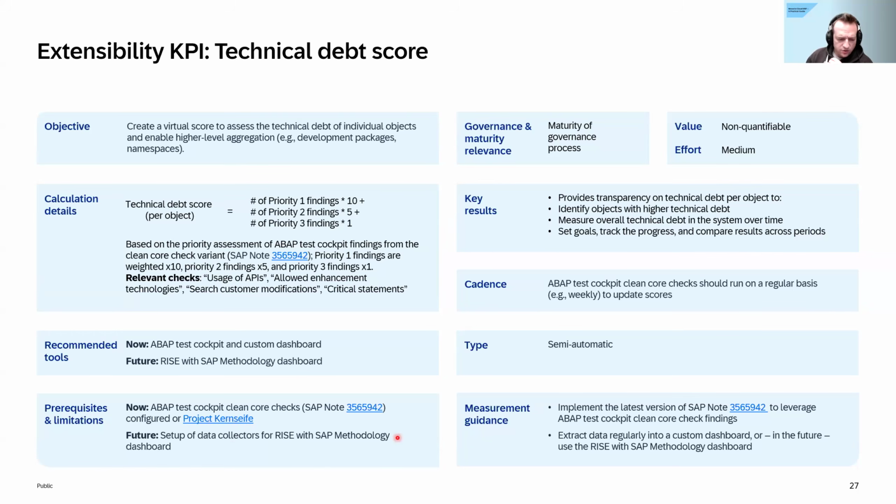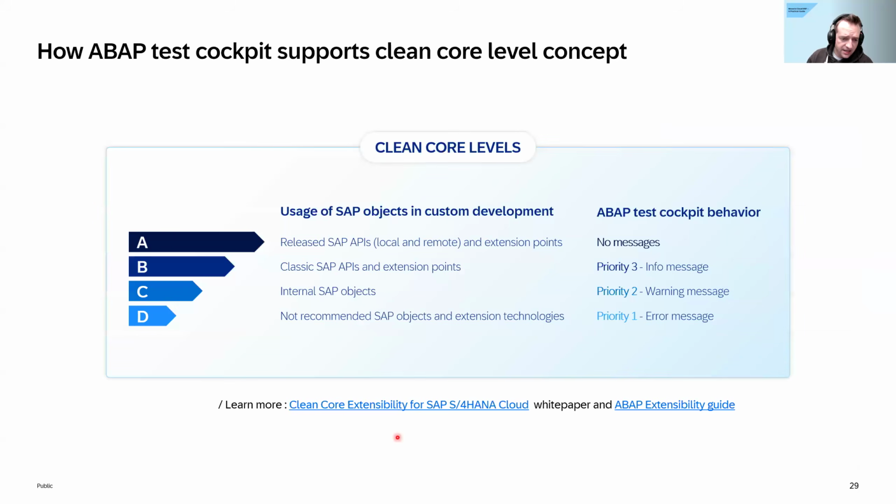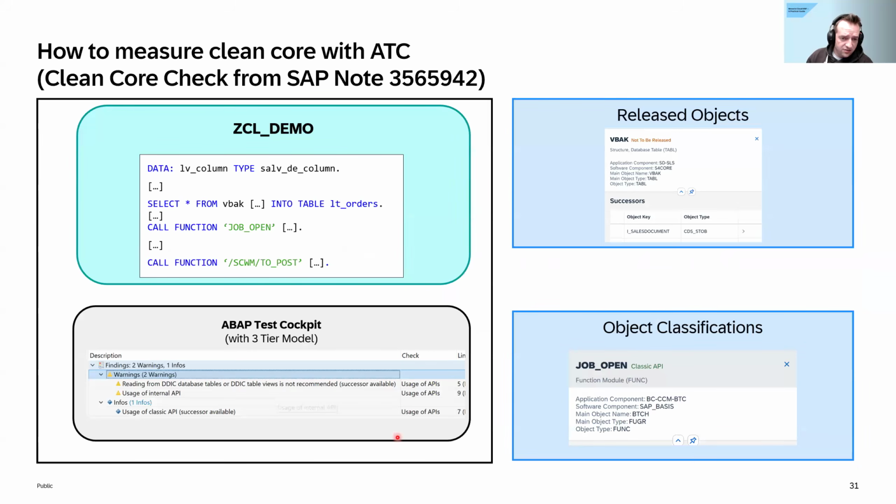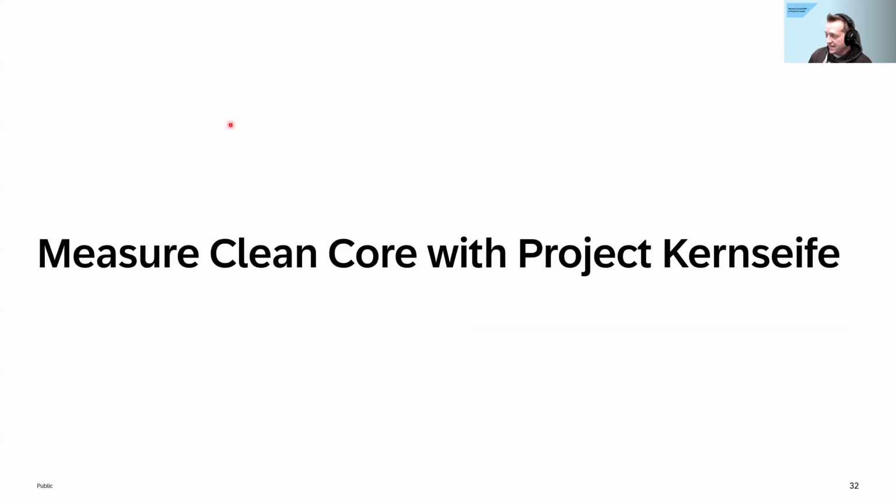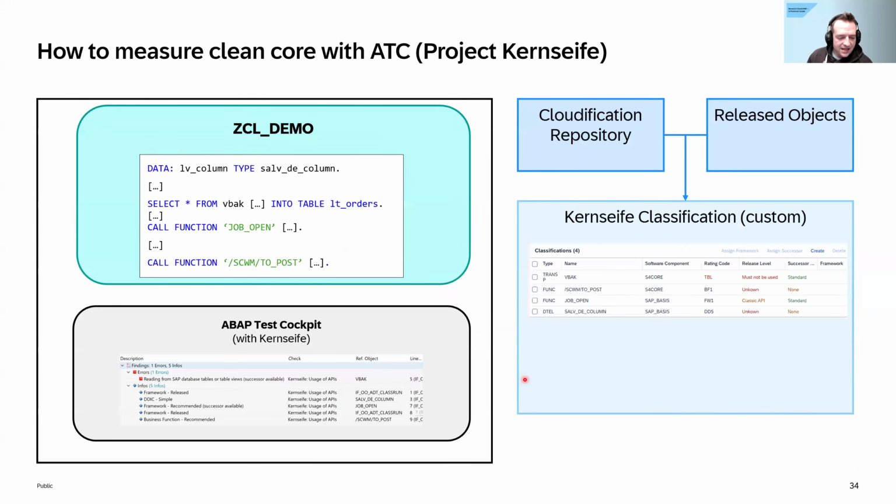And I don't want to go into the details because otherwise, again, I spend 10 minutes on this, 10 minutes on that, and we don't come to the governance part. But what you can do there is that you can, with Project Kernseife, go for a custom classification. If, for example, you do an EWM project, you need to use this function module, and you don't want to have this SCWMTO post every time popping up like something bad, you can do that.